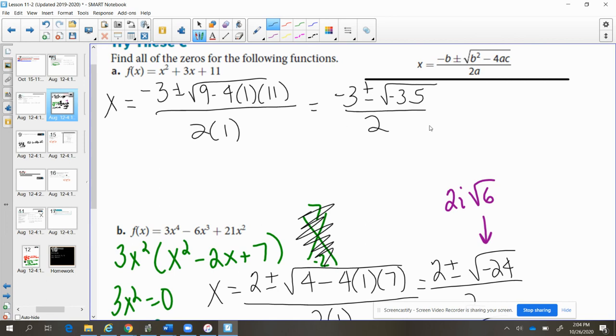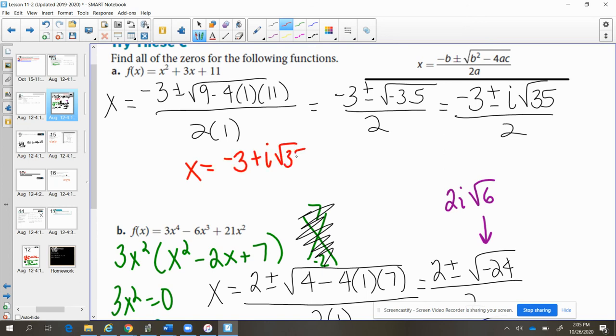Now this one does not work out as nicely. The 35 does not break down nicely. So really all that we're left with here is that we can move out the i to get rid of that negative under the radical, but this does not simplify into anything pretty. So our only 2 zeros here for part A are negative 3 plus i square root 35 divided by 2, or negative 3 minus i square root 35 divided by 2. Sometimes you'll see that broken into 2 fractions. You can leave it as 1 fraction though, I'm okay with that.